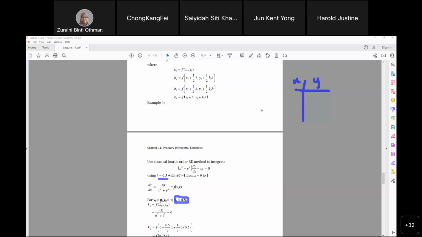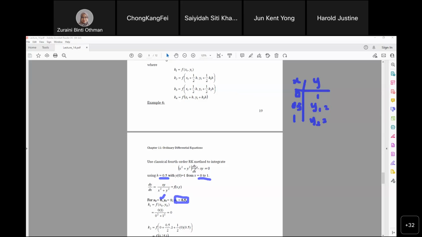And x begins with initial condition 0 and y begins with 1. Okay. And here we want to find x kosong sampai 1, so 1 and our h here ialah 0.5, meaning that 0.5. We have to find a solution for y1 and y2 here.